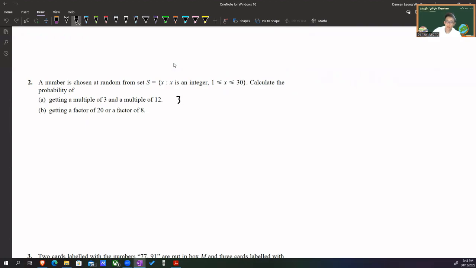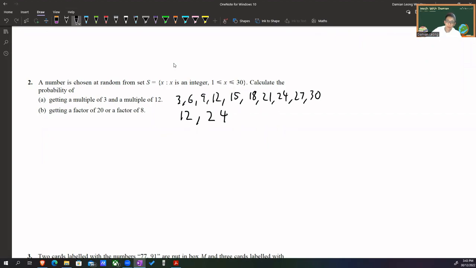Multiples of 3: 3, 6, 9, 12, 15, 18, 21, 24, 27, 30. Multiples of 12: 12, 24.